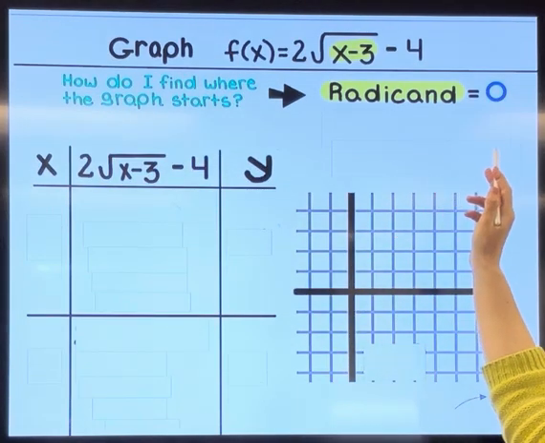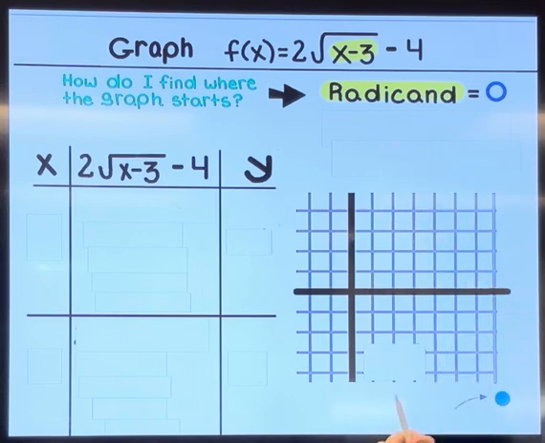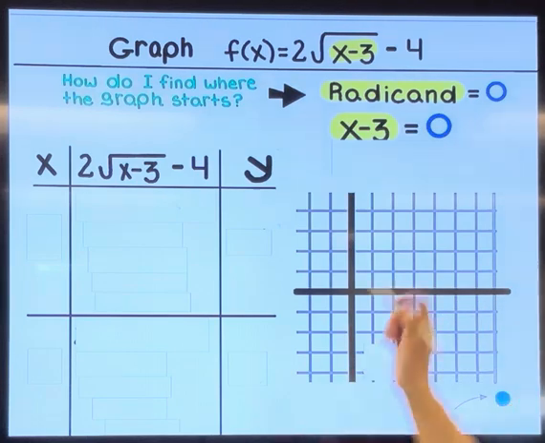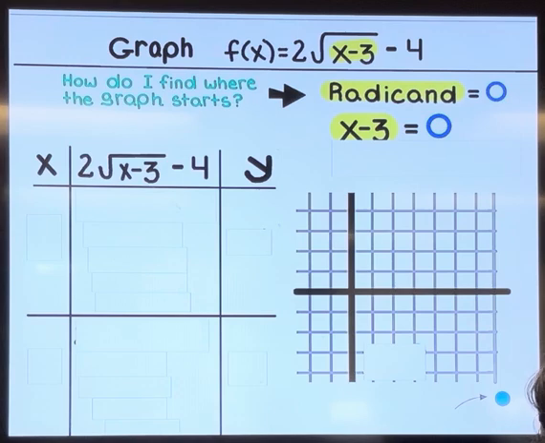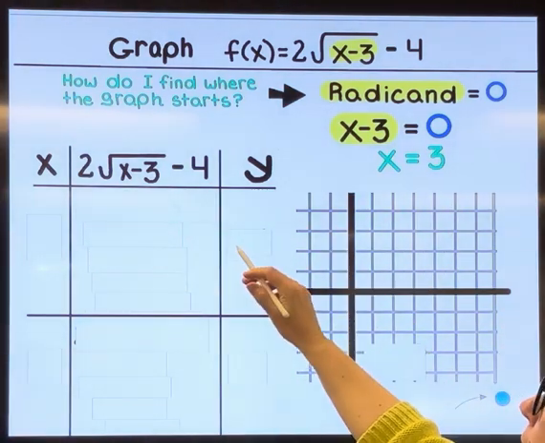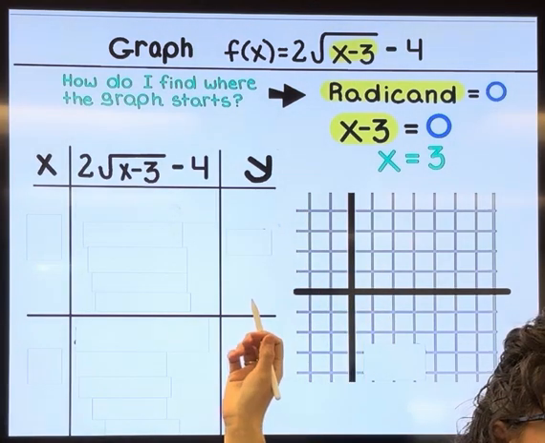So notice the minus 4 is off to the side, the 2 is in the front. Only what's under the root is set equal to 0. So in this one, that would be x minus 3 equals 0. I solve that by adding 3, and I find out that x is equal to 3, and that's going to be the x coordinate of where this graph starts.